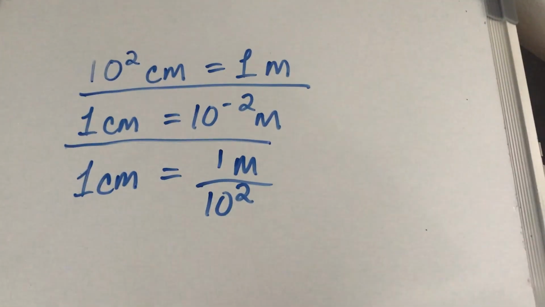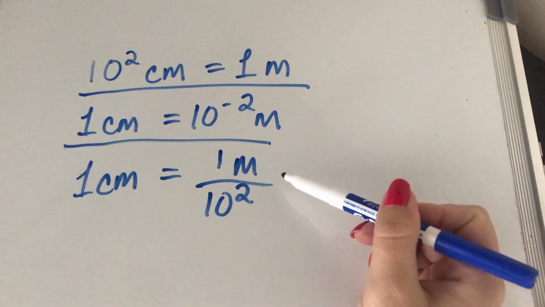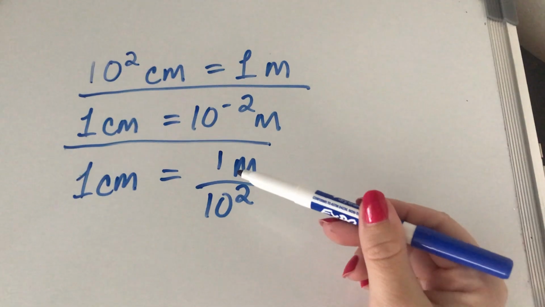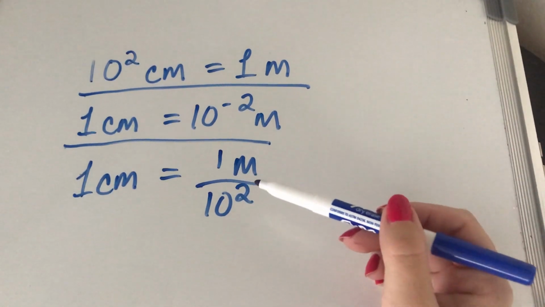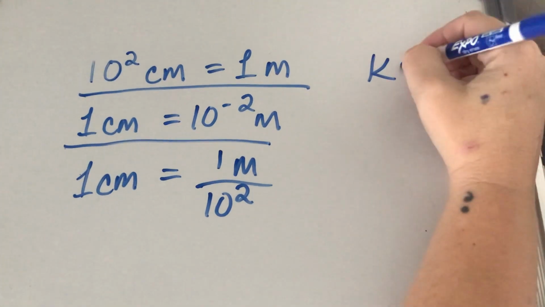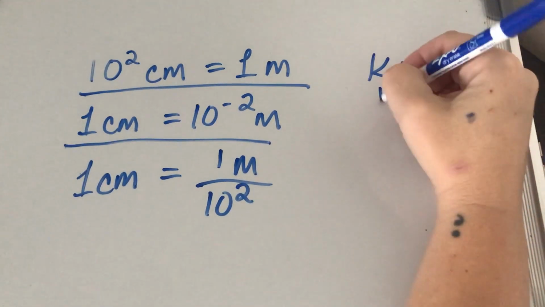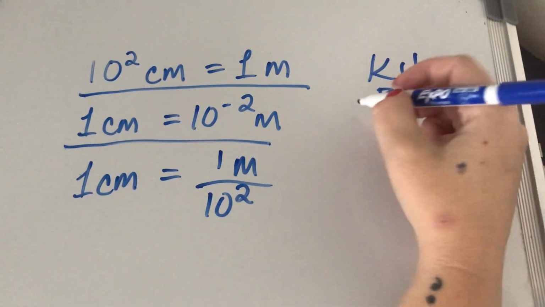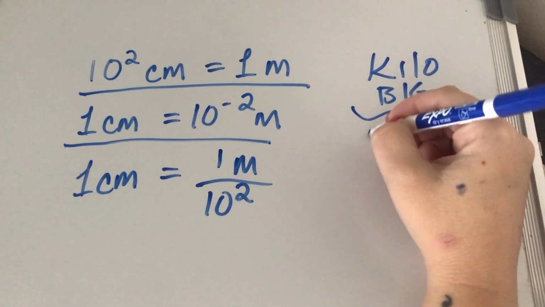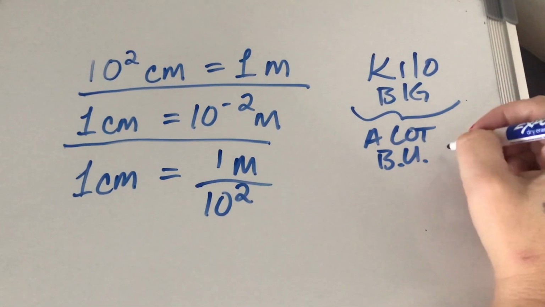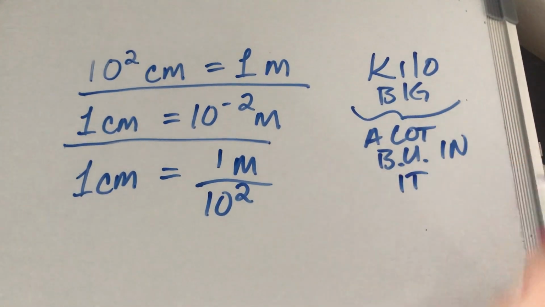So, if all of these are saying equivalent things, it's really easy to flip these around. Here's what I want you guys to do. Kilo is big, okay? If kilo is big, it means that you're going to have a lot of base units in it, okay?